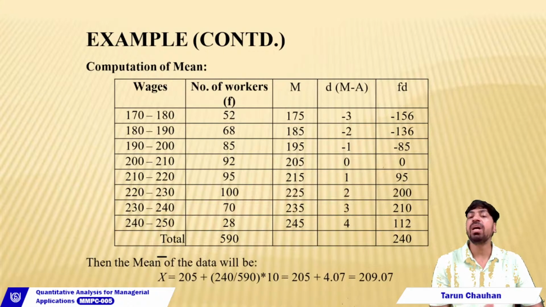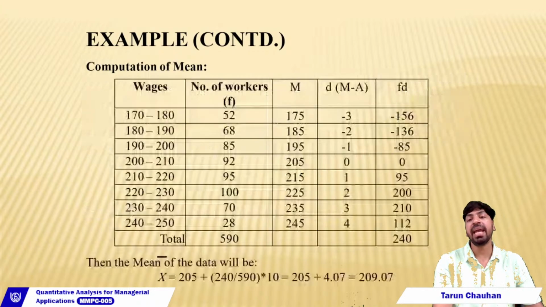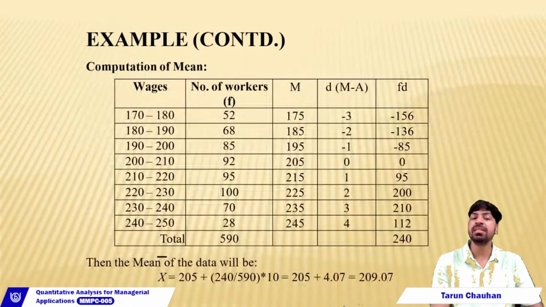One by one, you have to deduct 205 from all the values of the midpoint. 175 minus 205 is minus 30. But what is the formula to calculate D over a continuous series to calculate the mean? That is X minus A by H, where X is M, A is the assumed value, and H is the common difference between all the intervals, that is 10.